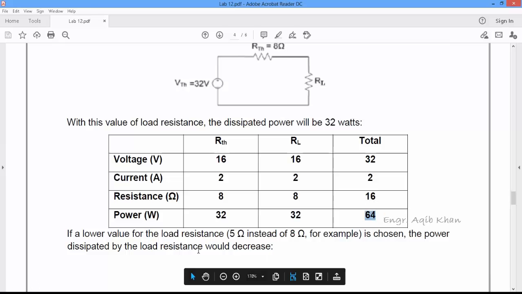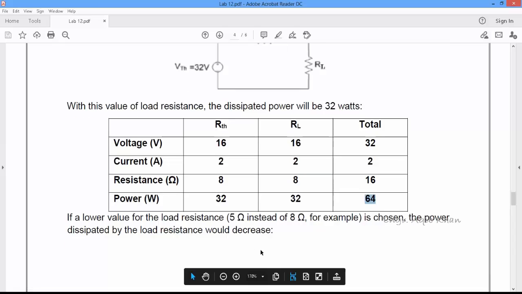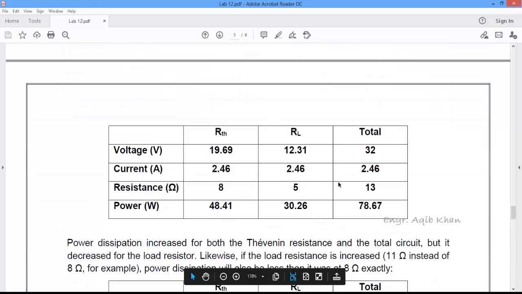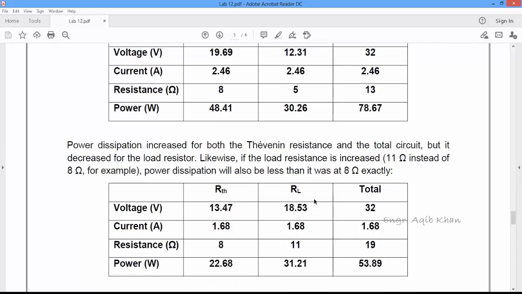If a lower value of the load resistance, for example RL is 5 ohm instead of 8, then the power dissipated by the load resistance will decrease. By showing this table, when RL is 5, the power dissipated is 30.26. Power dissipated increases for both the Thevenin resistance and the total circuit, but it decreases for the load resistor.